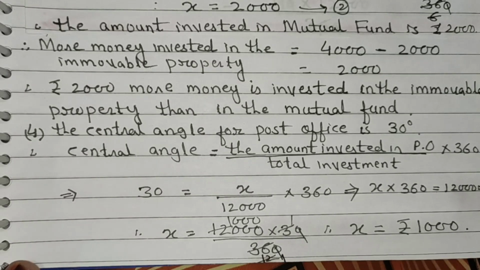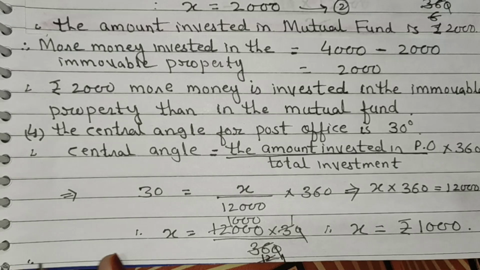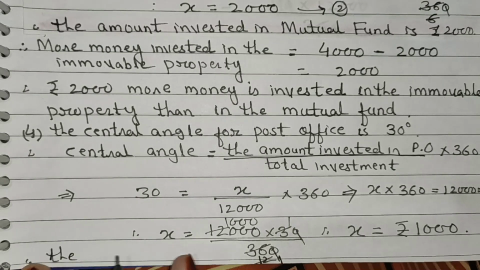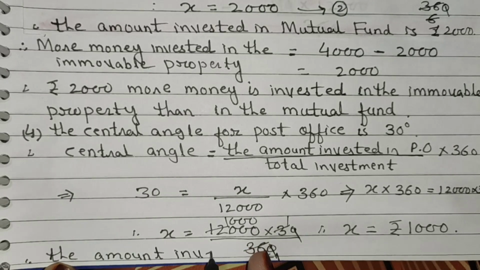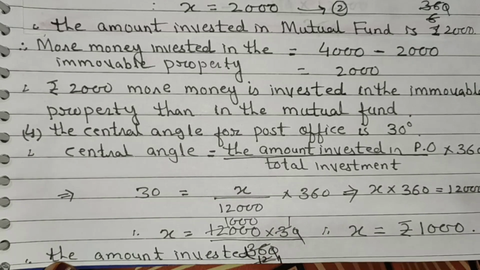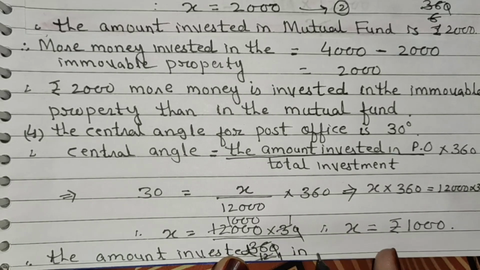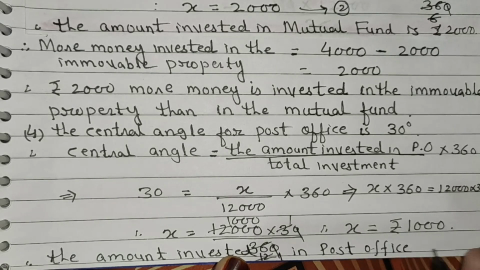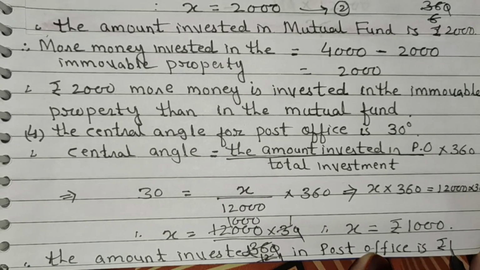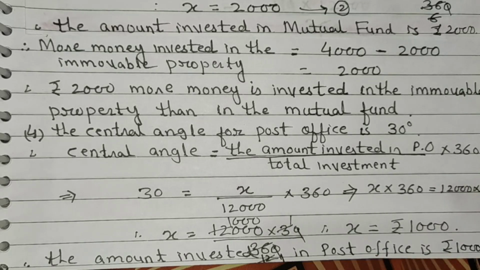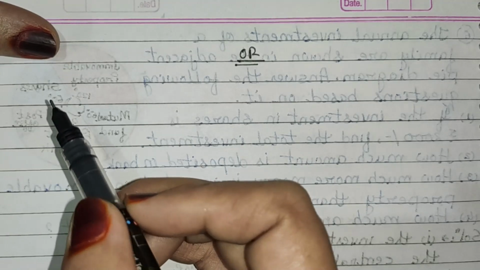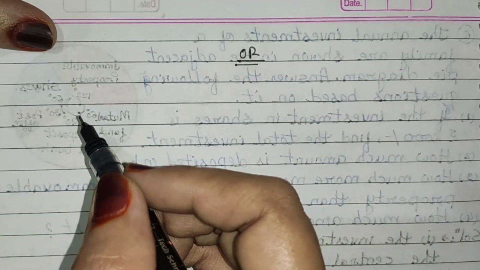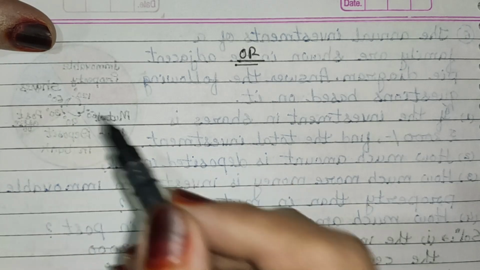Now it is the answer, write down here: the amount invested in post office is rupees 1,000. Now we know the total investment and the investment in mutual fund, immovable property, bank and shares also.